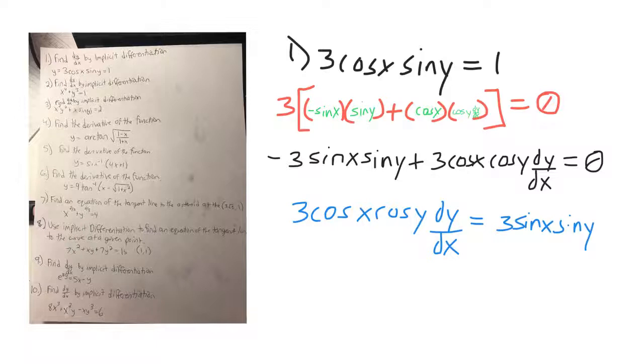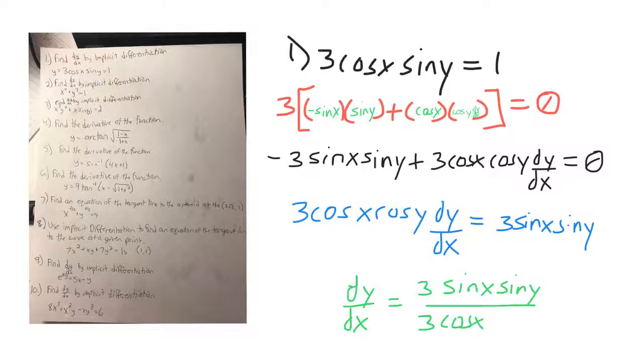And after dividing, we end up with dy over dx equals 3 sine x sine y all over 3 cosine x cosine y. And at that point, the teacher would most definitely appreciate canceling the 3's out.